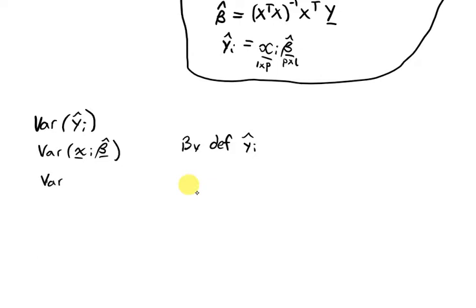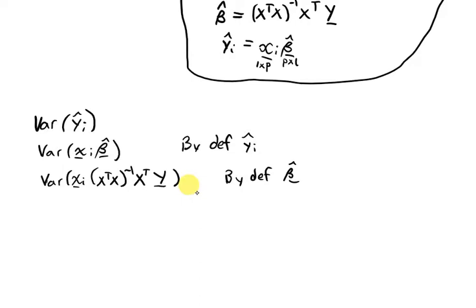So the variance of x_i bar times x transpose x inverse x transpose y bar. This is by definition of beta hat. X's in this case are observed or known values, so they're actually constant and we can pull them out.